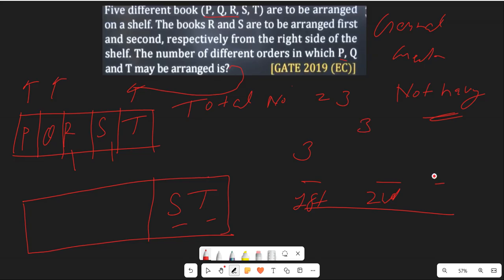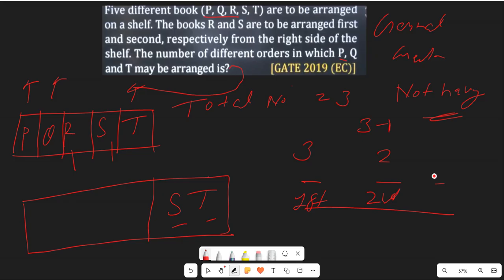3 minus 1 is equal to 2. So the second position has 2 choices, because one book is already arranged.